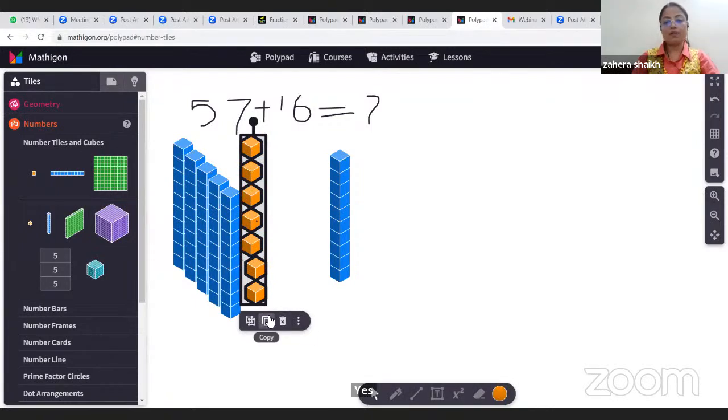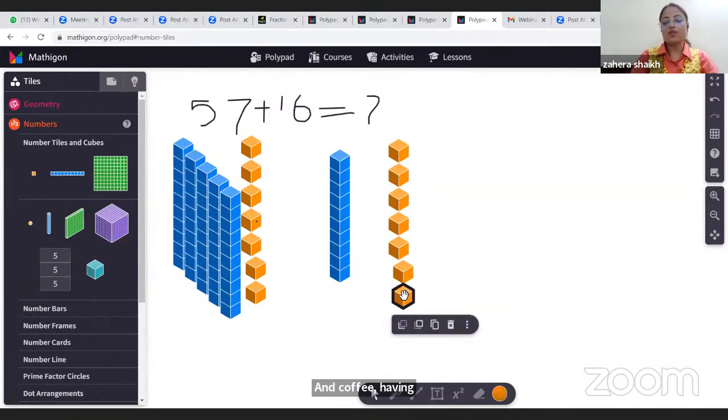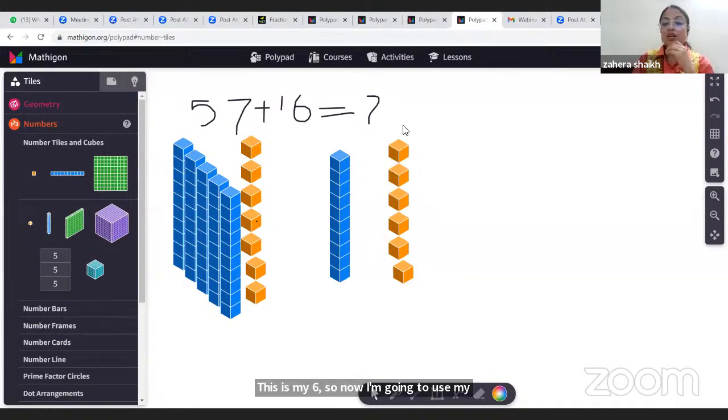Drop and copy. And this is my 6. So now I'm going to use my flexible thinking and the concept that I've learned. Whenever I'm going to represent a number, I need to unitize. I need to use the process called unitization to represent it as a whole number.